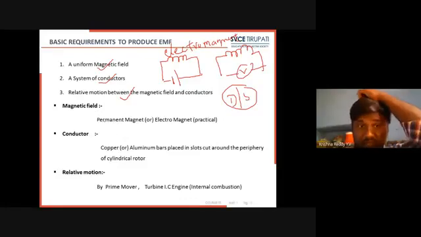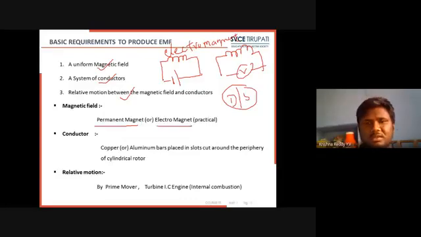The magnetic field may be either permanent magnets or electromagnets. Permanent magnets constantly produce a certain amount of magnetic lines of force. For electromagnets, we consider one coil and give supply to this coil, either DC or AC.